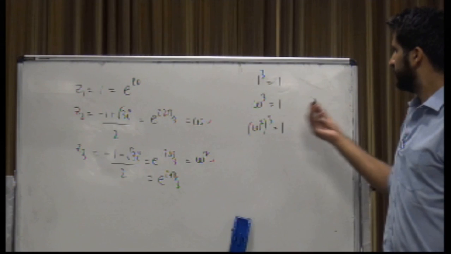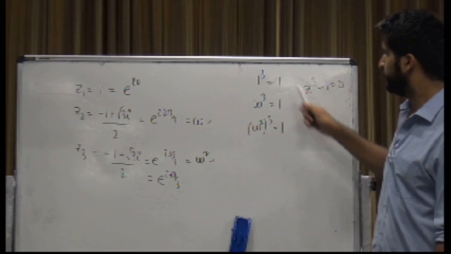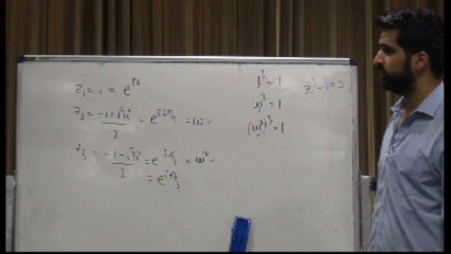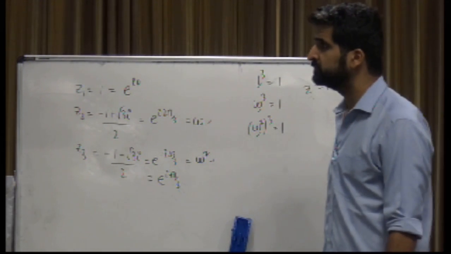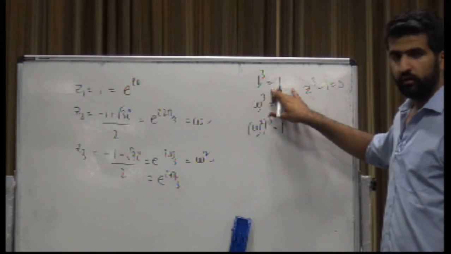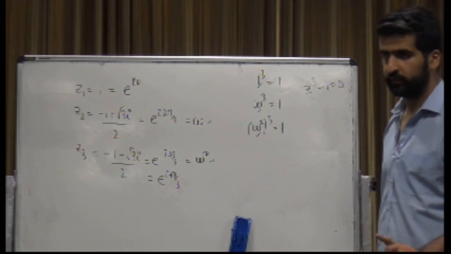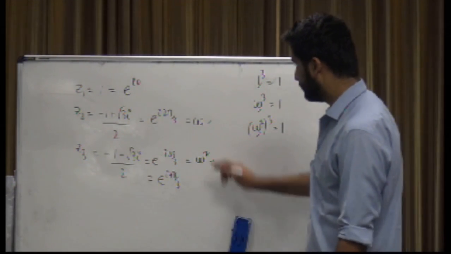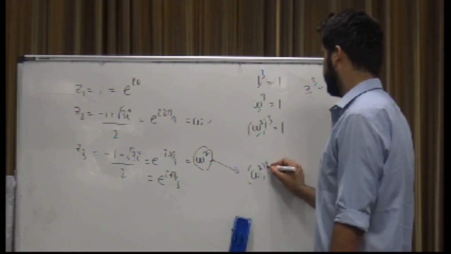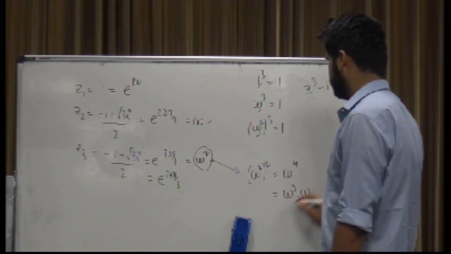This is pretty natural since they satisfy the equation z cube minus 1 is equal to 0. These are the 3 roots of this equation. So if the 3 roots are 1, omega and omega square, the cubes of these 3 will be equal to 1 again. Now if I square omega square, it will be omega to the power 4, which can be written as omega cube into omega, so this is equal to omega.